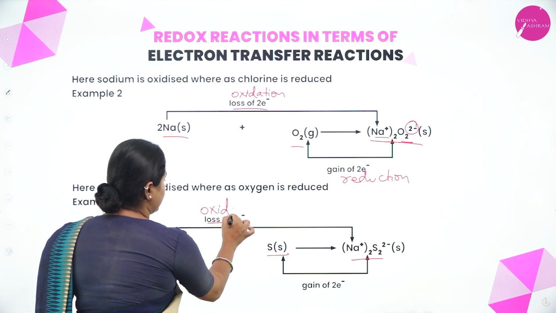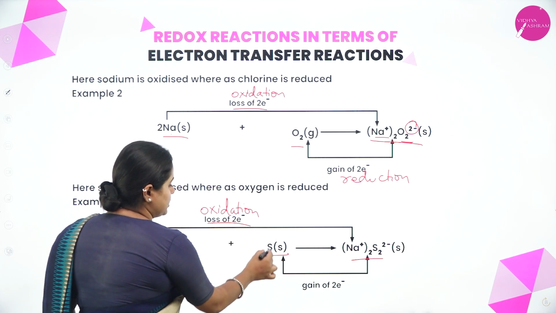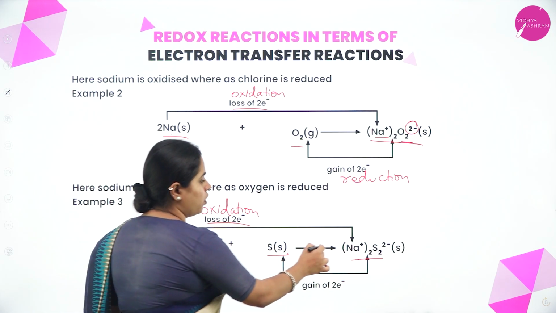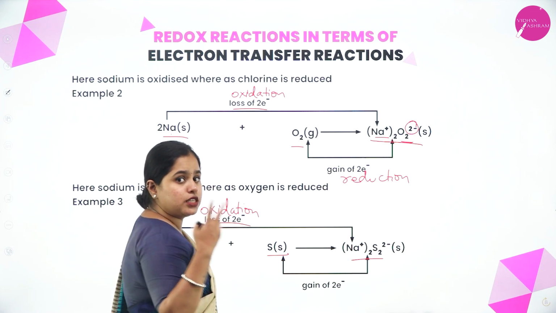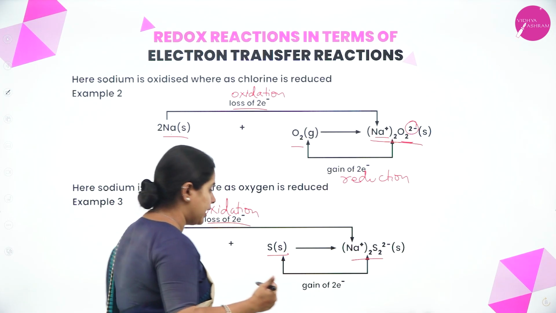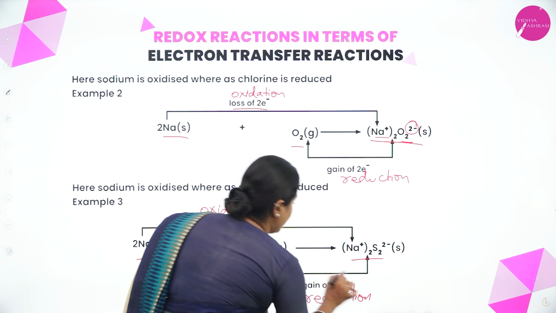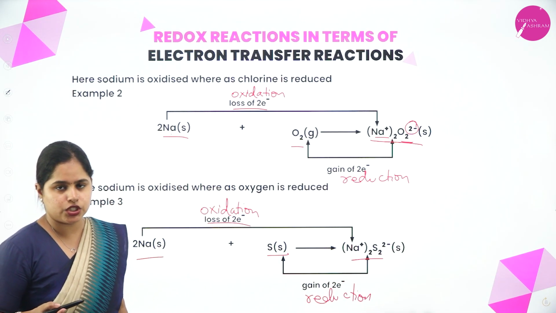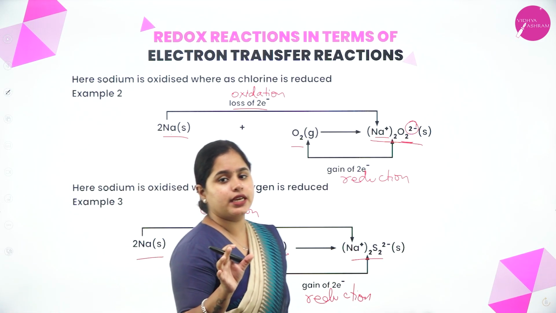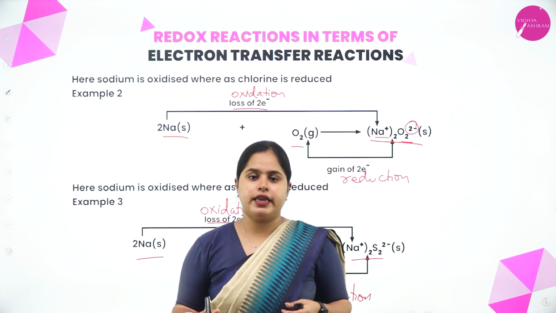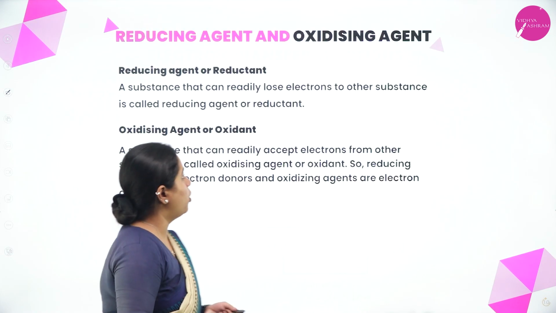And here, the sulfur accepts these 2 electrons, or gains 2 electrons, and forms S 2 minus. That is, 2 electrons are being gained. So this is a reduction process. So I hope in terms of electrons also, redox reactions are clear for you. So in oxidation, there will be loss of electrons and in reduction, there will be gain of electrons. Right? So I hope it is clear.